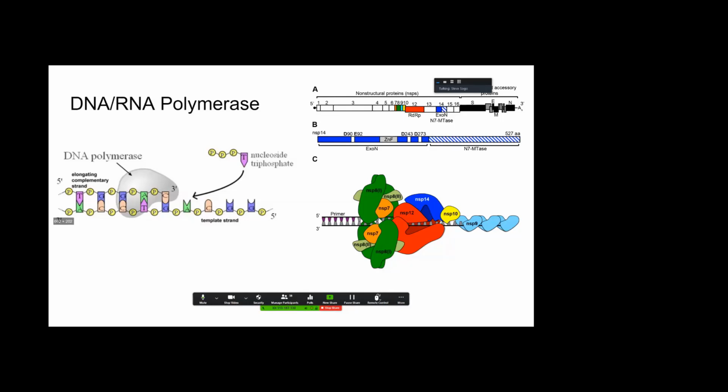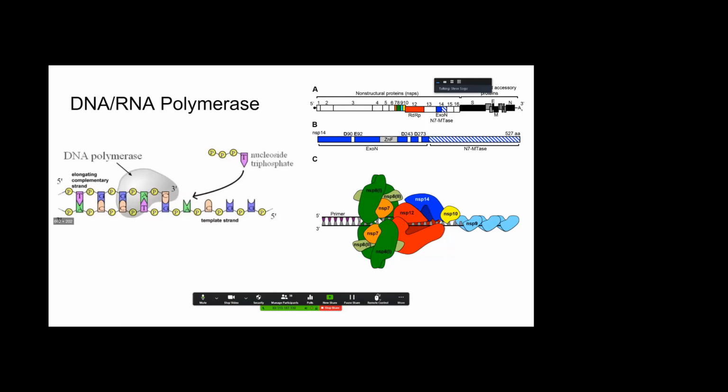This more complicated picture on the right is the virus polymerase. So the virus itself needs to bring its own copying machinery, which is up here in the genome. This is the 30,000 bases of genome of RNA.